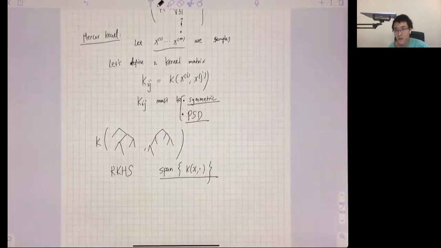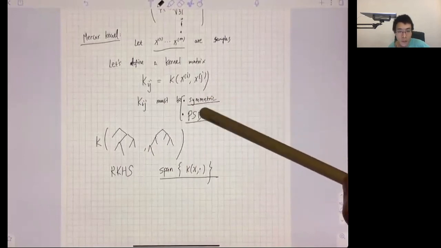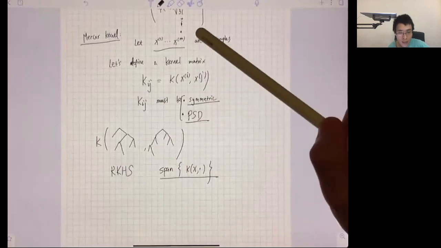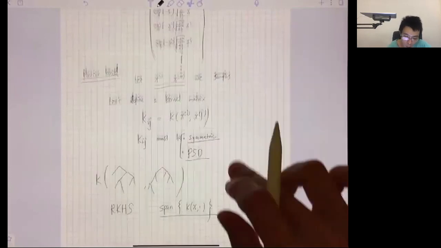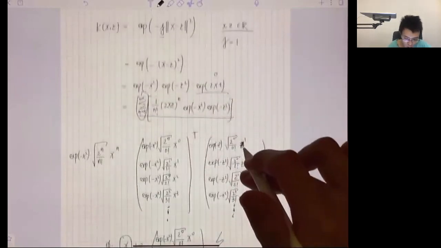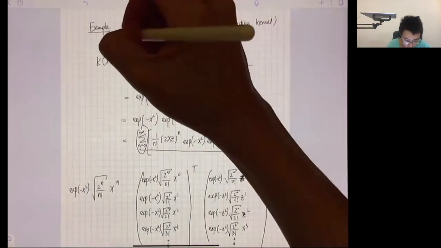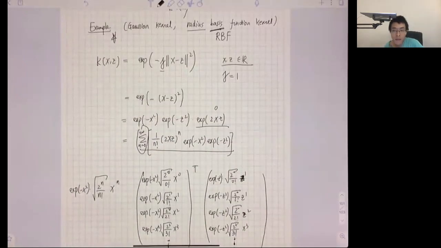But to be more mathematically justified, it must be symmetric and positive semi-definite for any data samples. And the RBF kernel is a widely used kernel that maps your data into an infinite dimensional space. And that's why it makes your SVM very powerful.